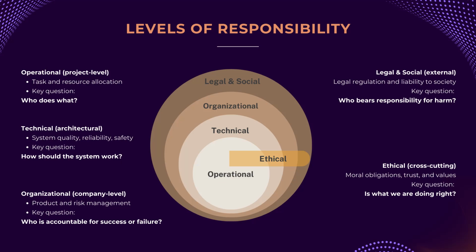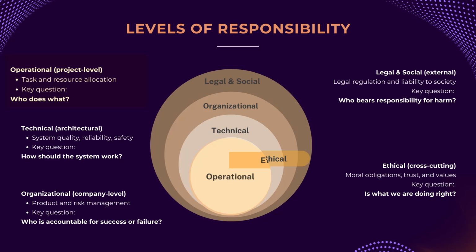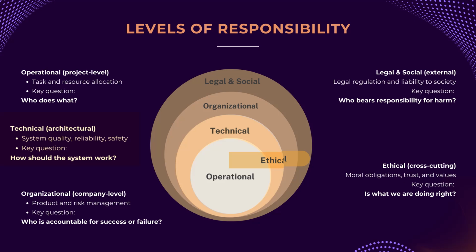Let's look at the main responsibility levels typical for most AI projects. Operational responsibility. This is the level of project management, task allocation, and resource distribution. It answers, who does what? Technical responsibility. This level focuses on technical choices that determine the AI system's quality, reliability, and safety.